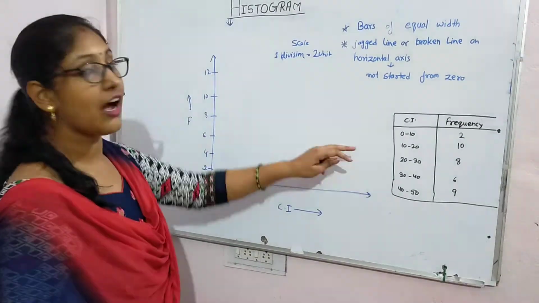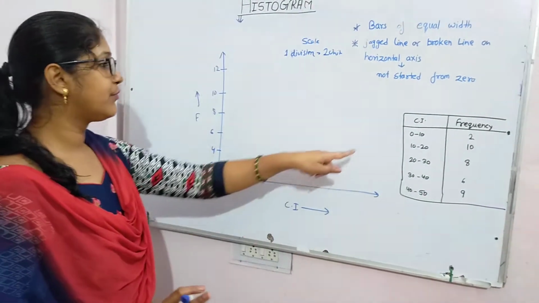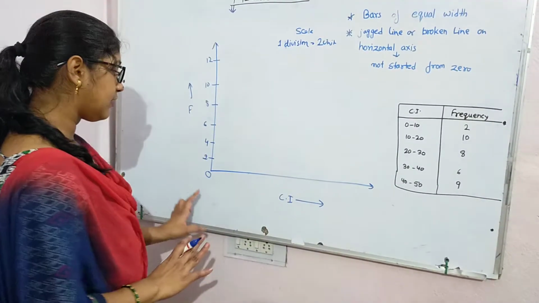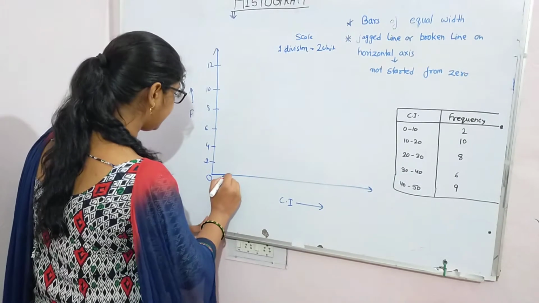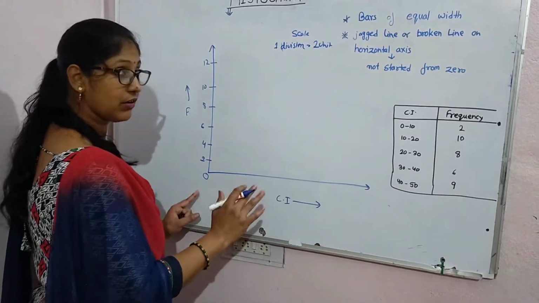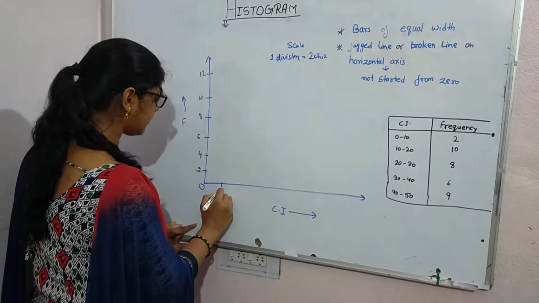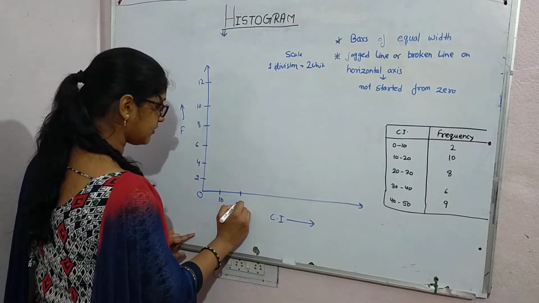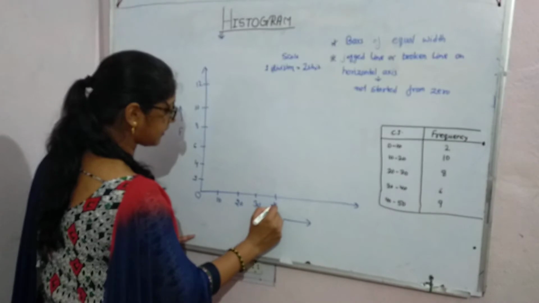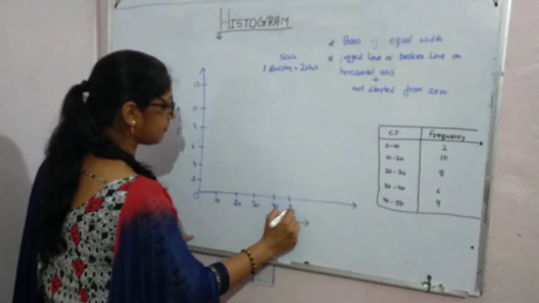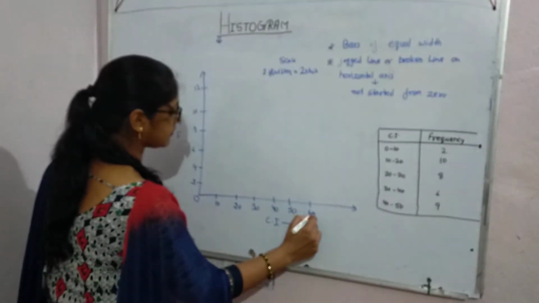Same as we see that our class interval started from 0 to 10. It means we don't need to make a jagged line here. We directly divide it into equal parts, like 0 to 10, next is 20, next 30, next 40, 50, 60.